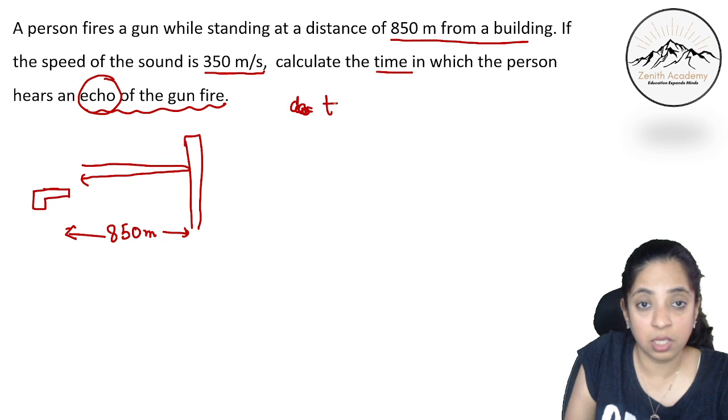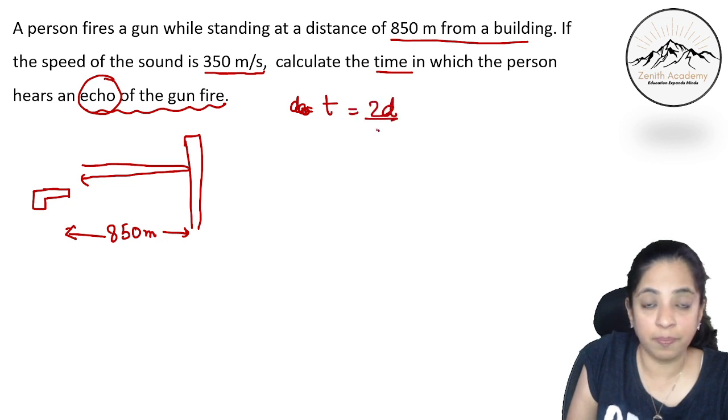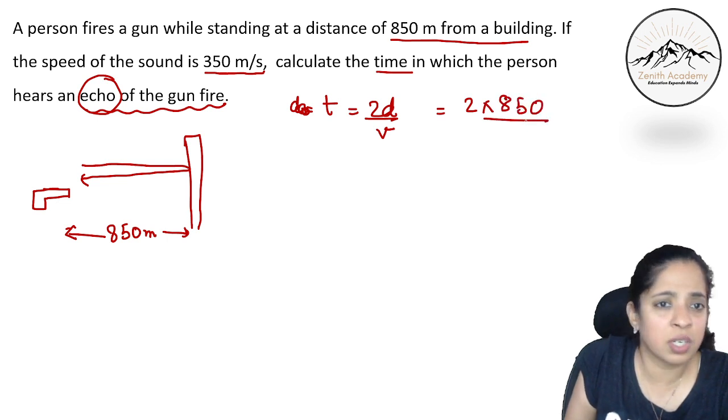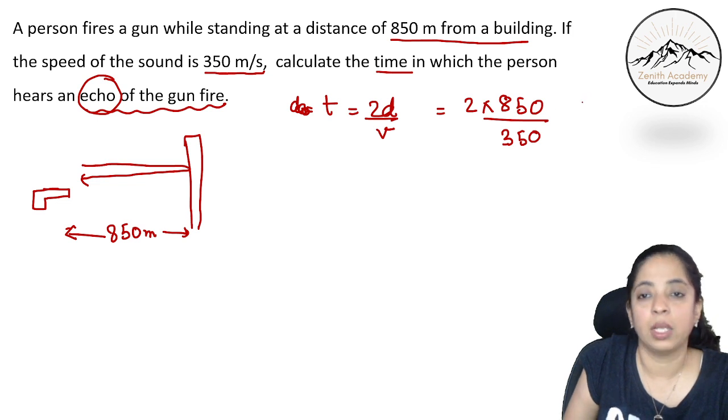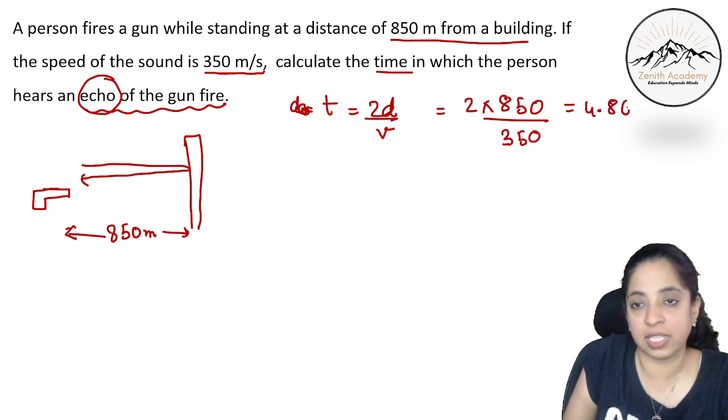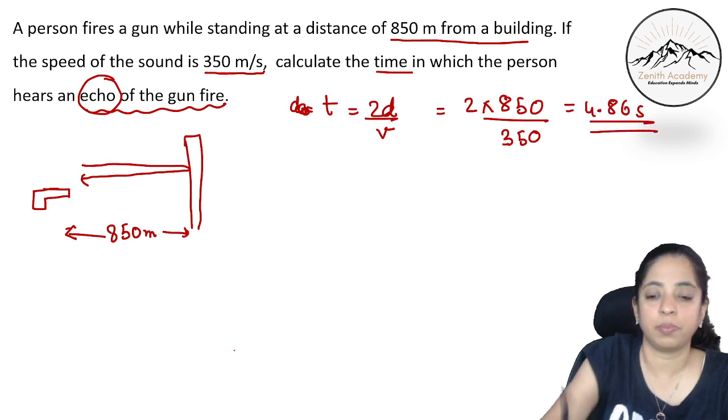So t is 2d by v, right? So 2 into distance by velocity. What was the time? Where did the time go? Yes, time we have to find. What is the velocity? 350. So it is 4.86 when you solve this.